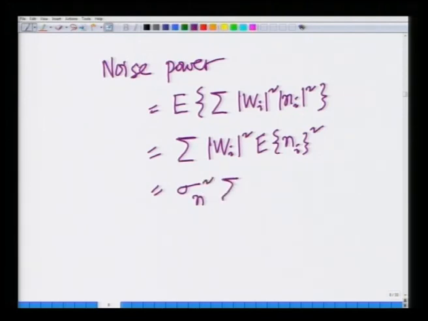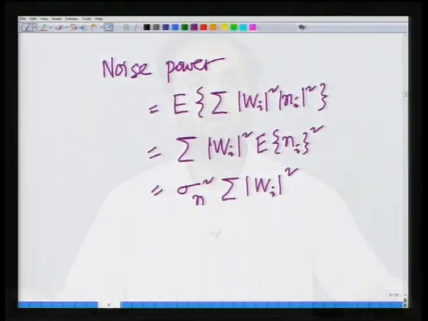So, this is simply sigma n squared into the summation of magnitude Wi squared, and we know the summation of magnitude Wi square is simply the norm of this vector. If I am taking the sum of the squares of the magnitudes of each of the components of a vector, that is nothing but the norm square of that vector, which is simply the length square of that vector.